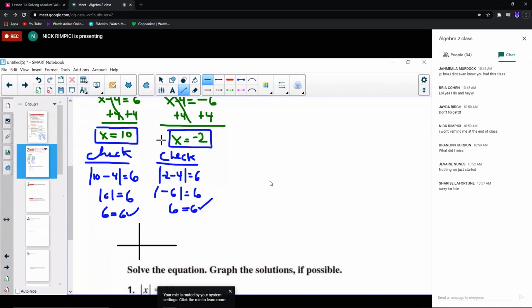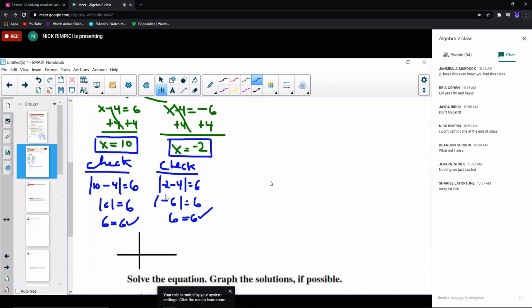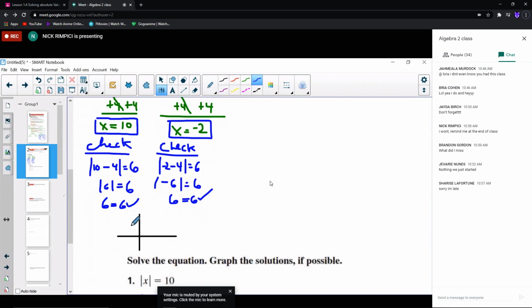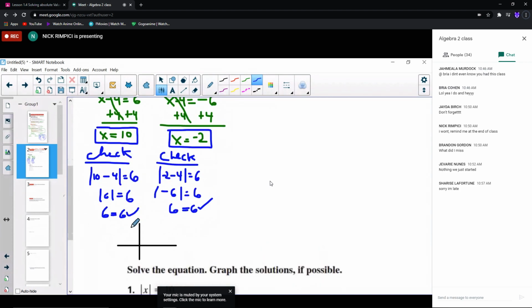So it was like this, right? I had the absolute value, something like this. Right, there's the absolute value. And then the line was like this. So this coordinate was negative 2, comma 6.